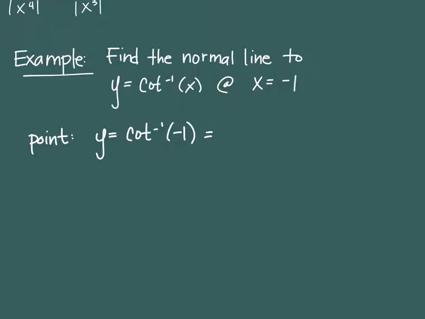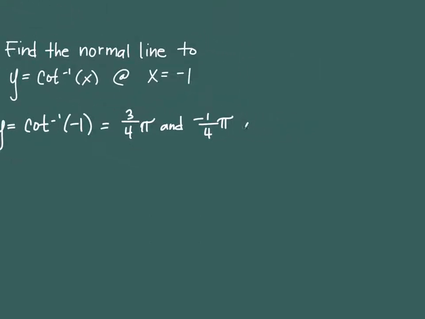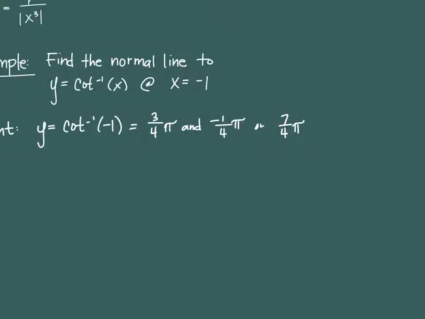Cotangent has a -1 value twice. It has it at 3π/4, which is in quadrant 2. It also has it at -π/4, which is in quadrant 4. Someone else might think, well, could I use 7π/4? That's also in quadrant 4.